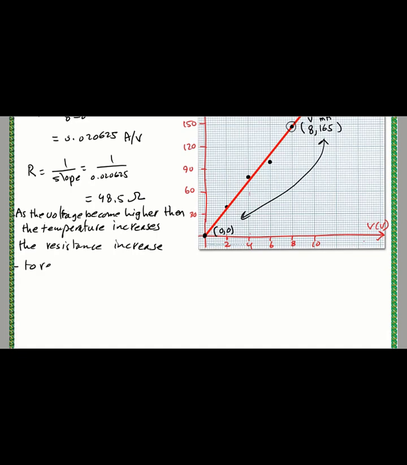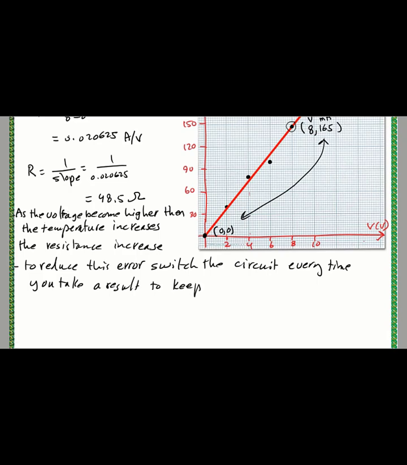To reduce this error, switch the circuit off every time you take a result to keep the circuit at room temperature.